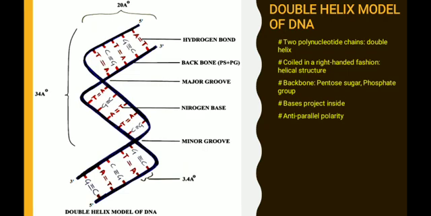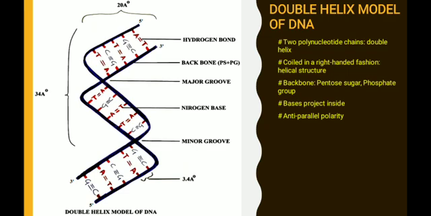And in the diagram you can see the polarity. One strand has the 5' end at one side, and the other end is denoted as 3'. In another strand, it is 3' and 5'.